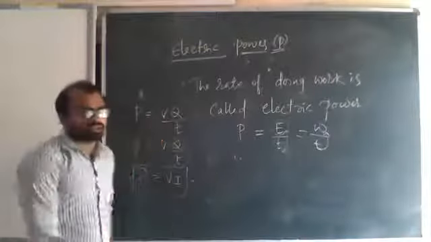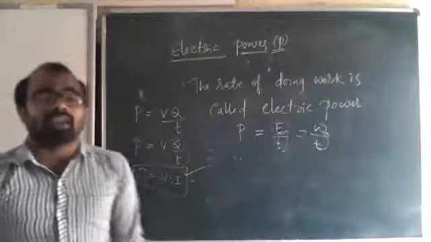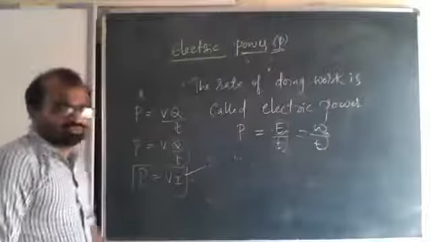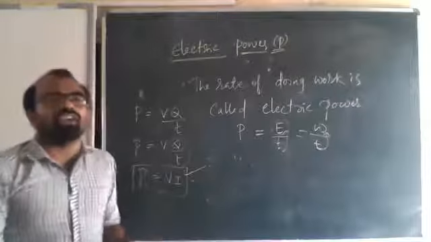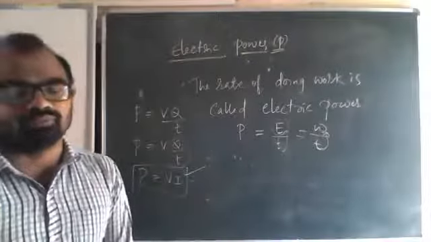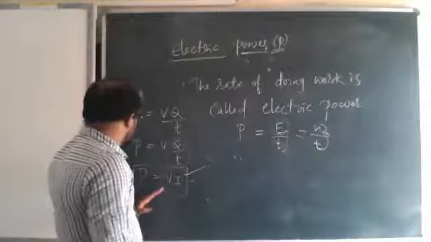You should remember this also. You can define power by this too: the product of voltage and current in an electrical circuit is also called power. Remember P equal to VI.